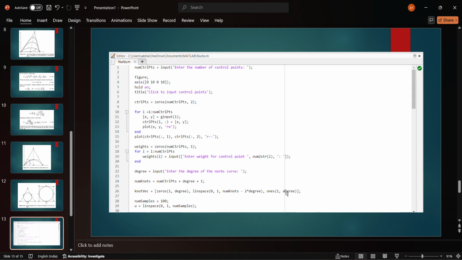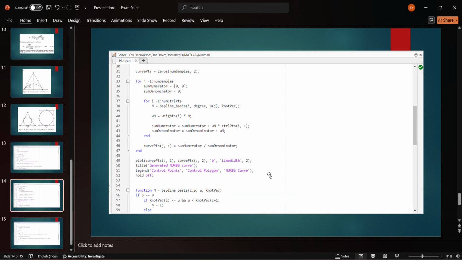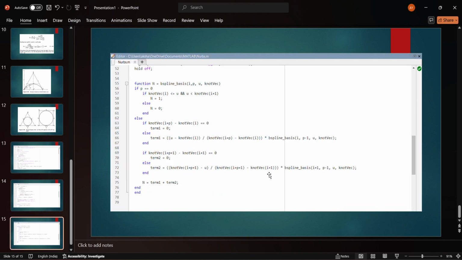We can see the code here to draw a NURBS curve. We take the number of control points, then we input the control points and we enter a weight for each control point, and then from the above equations we do it recursively to obtain the graph.